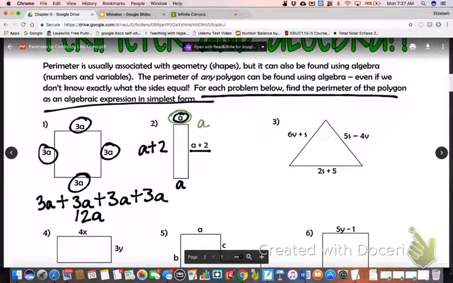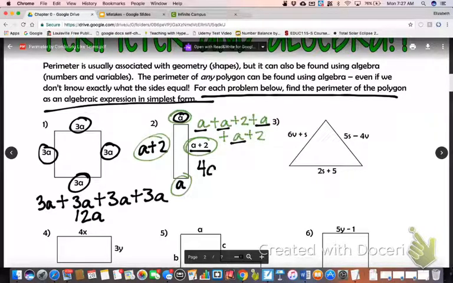So I've got an A plus A plus 2 plus another A plus another A plus 2. So if I add all of those things together, I've got 1, 2, 3, 4 A's. So I'm going to combine those. And then I've got 2 plus 2, which means it's going to be 4. So the perimeter of this shape is going to be 4A plus 4.